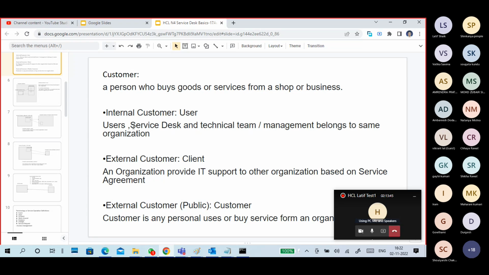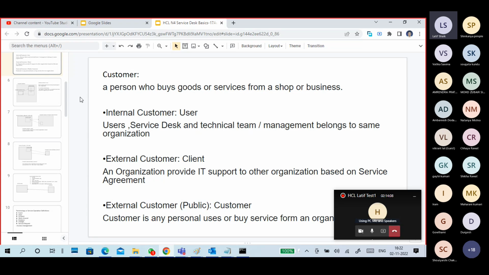For example, my laptop is not working, my office desktop is not working, or I'm unable to connect to VPN. I'll ask my office IT team why I'm not able to connect to VPN. So I'm an internal customer.